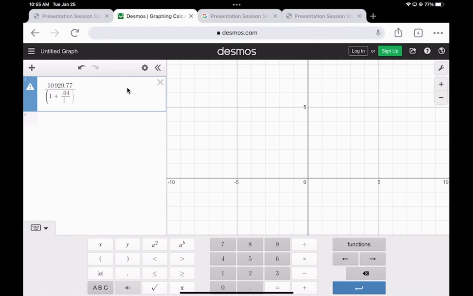If you hit divide, that will give you that fraction. Now you can use the arrow and close that parenthesis, then the power. If you look where it says a to the b, you hit that and that will give you the power, or you do the caret and that will work too. That would be 12 times 14. And now that is the amount that I'm going to get, $6,249.